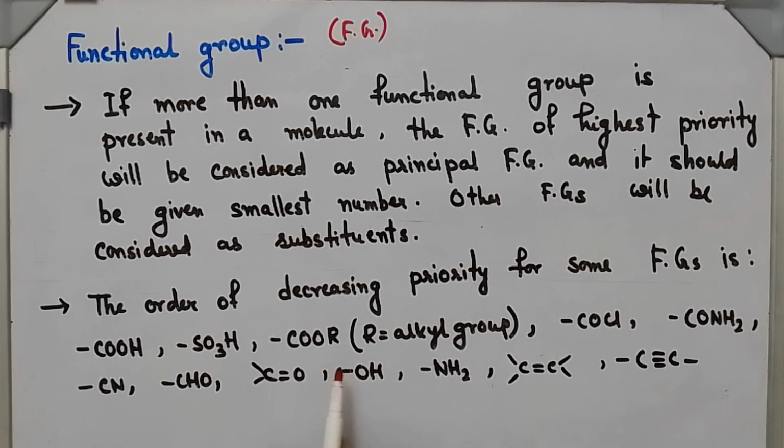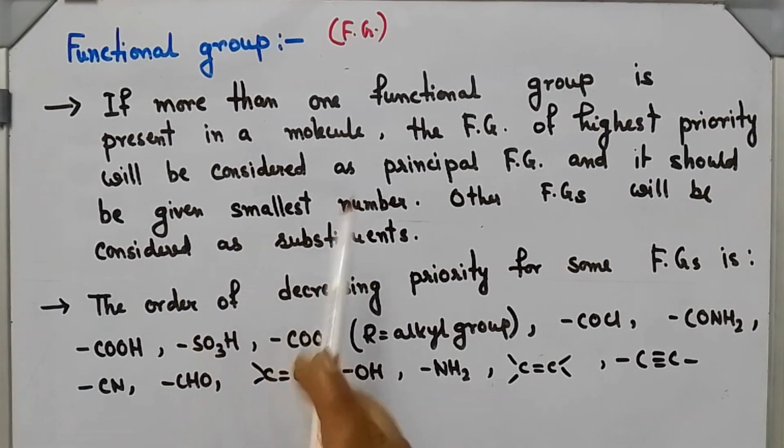Then acid chloride, amide, nitrile, aldehyde, ketone, hydroxyamines, alkene, alkynes. So priority order is decreasing in this direction. Using all those, how to do IUPAC name we will see later.